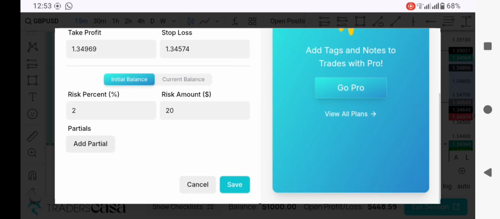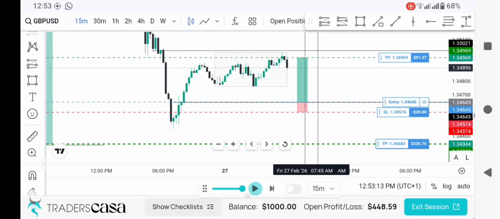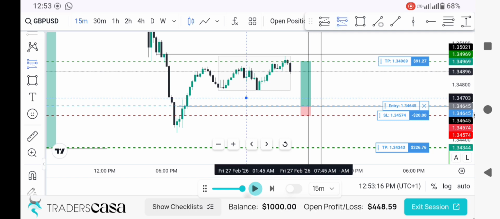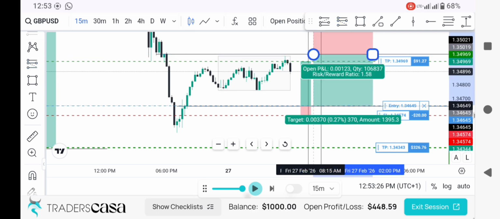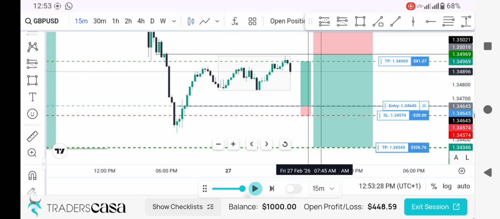Risking 2%, which is $20. Now let's sell from here. If the trade doesn't happen in this time, then we cancel the order.